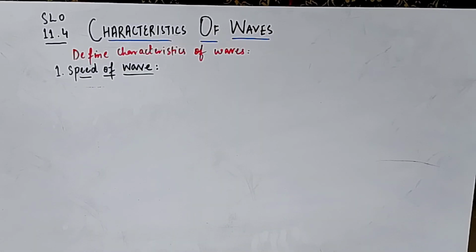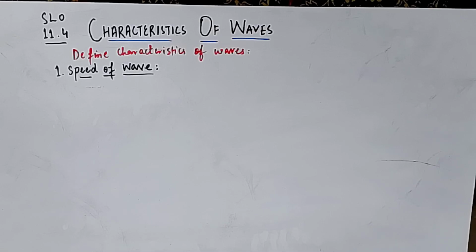As you know, if you want to calculate the speed, which two things will you need? For example, to calculate the speed of an object, you will need the distance covered by the object, right? And how much time the object is taking to cover that distance. The same definition is for speed of wave.